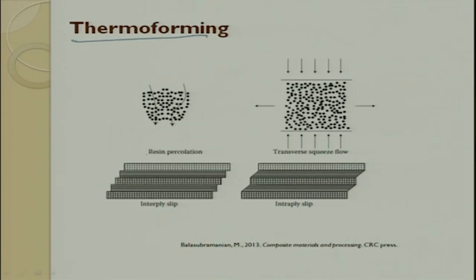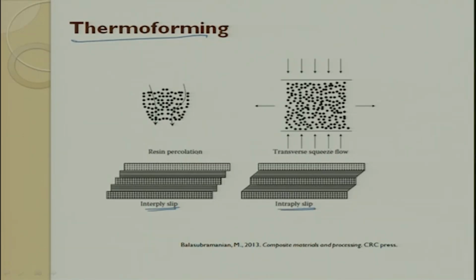Here resin percolation can happen, then you have interply and intraply. Interply means between 2 plies, intraply means within 1 ply. Interply slipping can happen, intraply slipping can happen, and then transverse squeeze flow can happen.